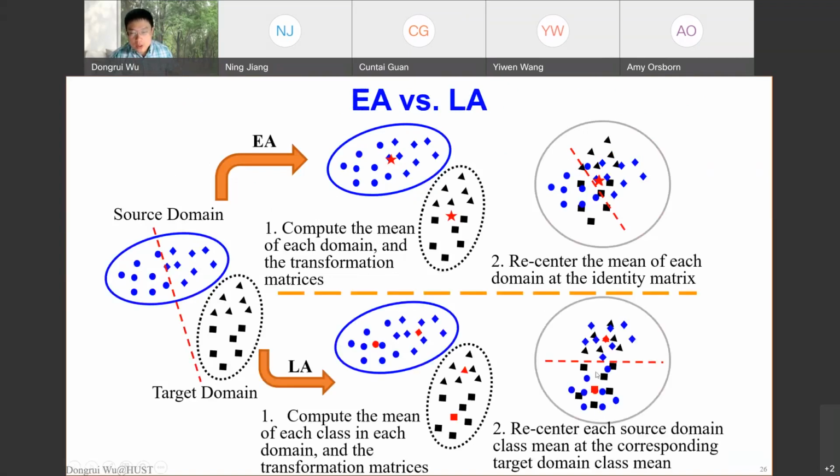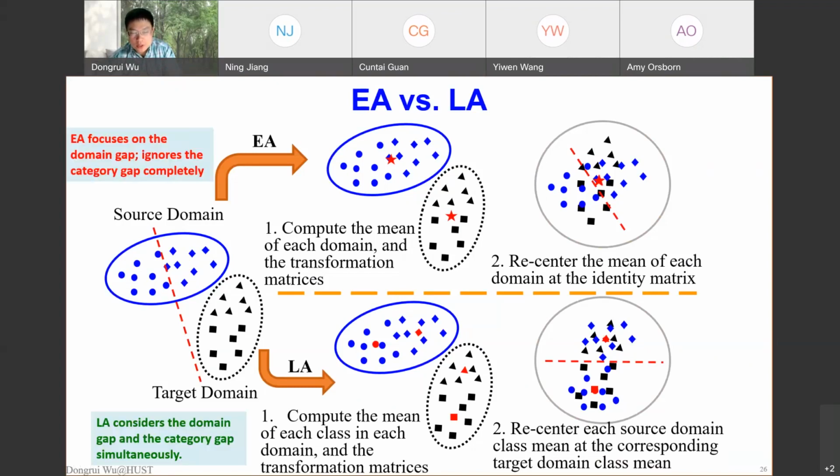But for label alignment, we align data from the same class but different domains, so that data from the same classes are gathered together, but data from different classes may become more separated. This may be better for later classification. So these are the major differences between EA and LA. But as mentioned before, label alignment needs some label information from the target domain.